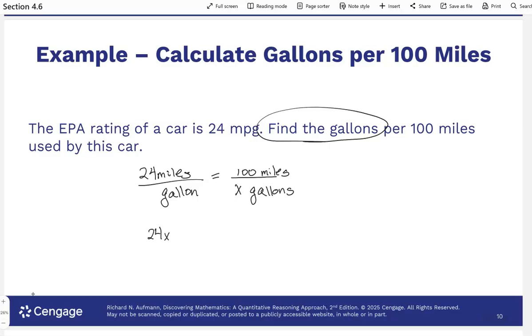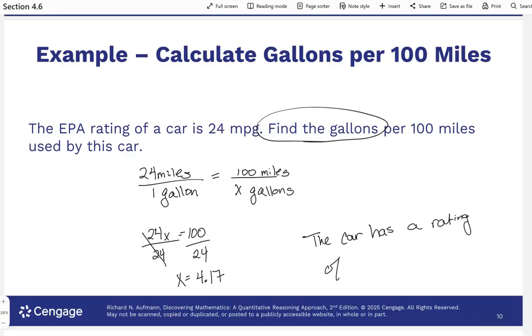So we're going to have 24 times X. And then if we cross multiply here, remember this is really 1 gallon. 1 times 100 is 100. And if we divide by 24, I got about 4.17. So this car has a rating of 4.17 gallons per 100 miles.